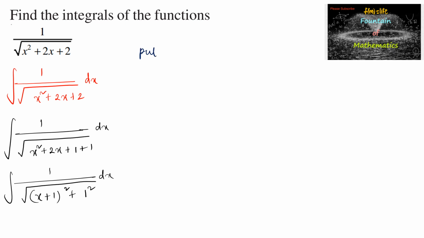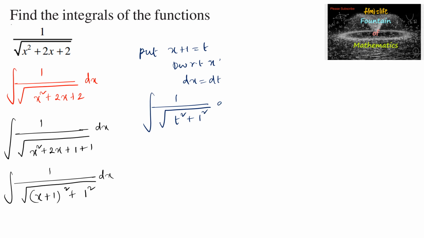Let us substitute or put x plus 1 is equal to t. So differentiating with respect to x, we have dx is equal to dt. So we can write integral 1 by root of t square plus 1 square dt.